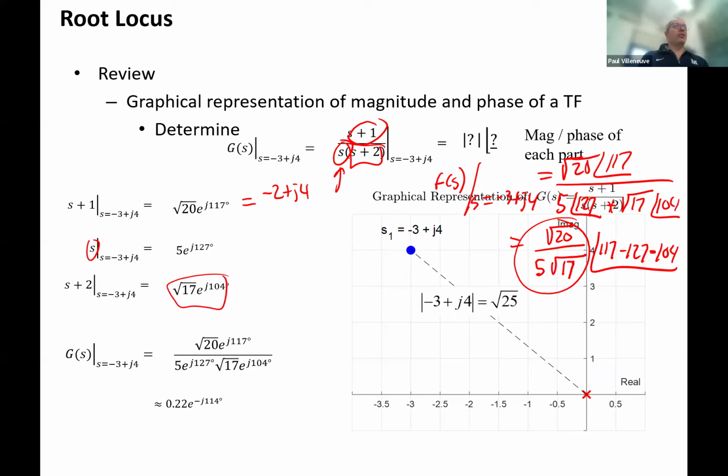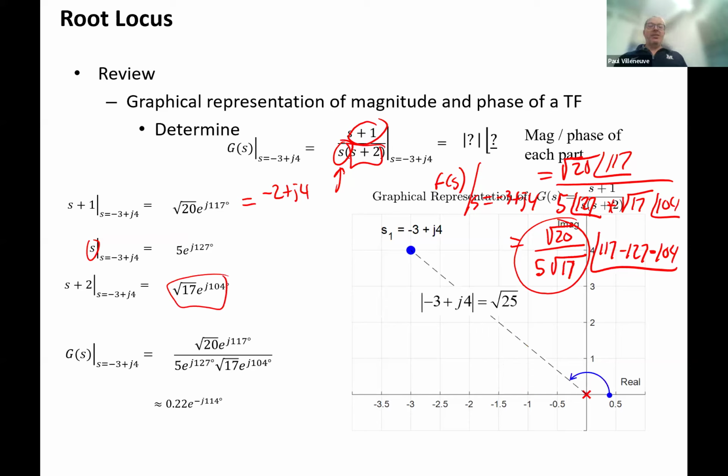The magnitude is the square root of 25, or 5, right? And that angle is going to be a positive 127 degrees. It might not be obvious, but if I go back over here, you can see that that angle is 117. That's slightly less of an angle than this one here.